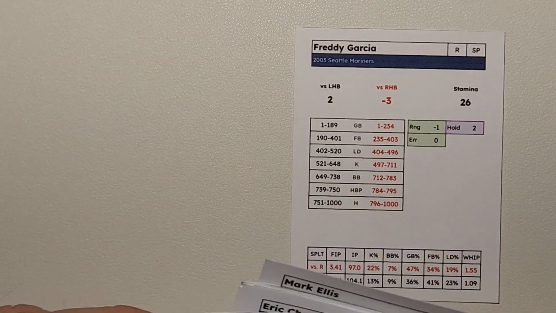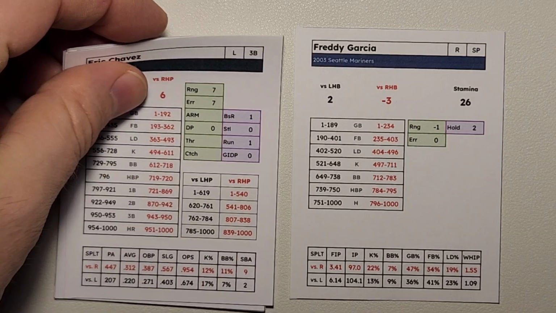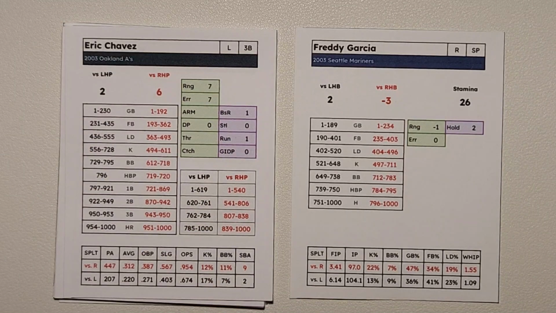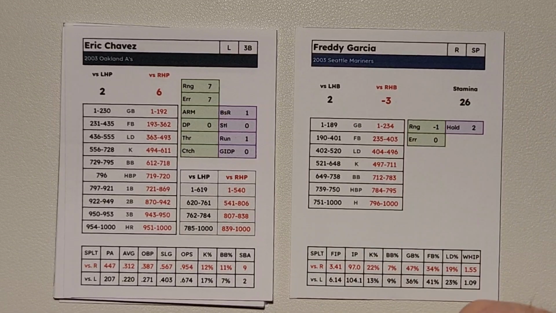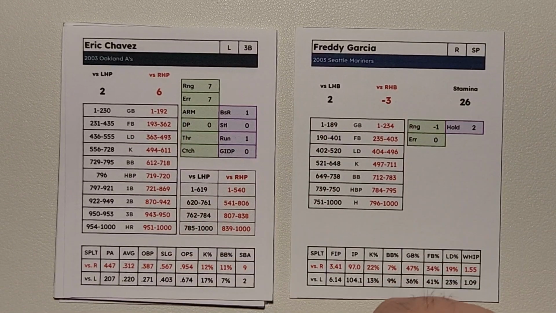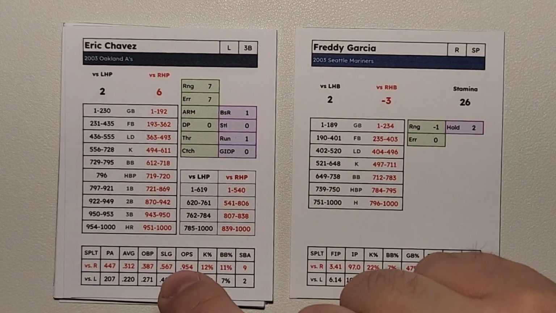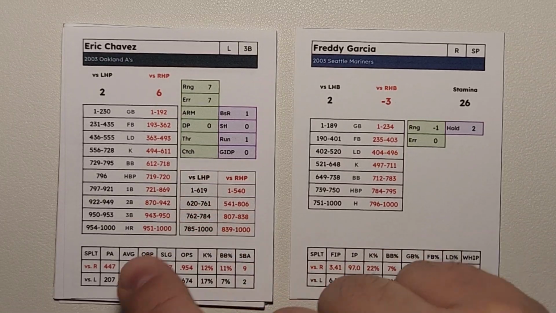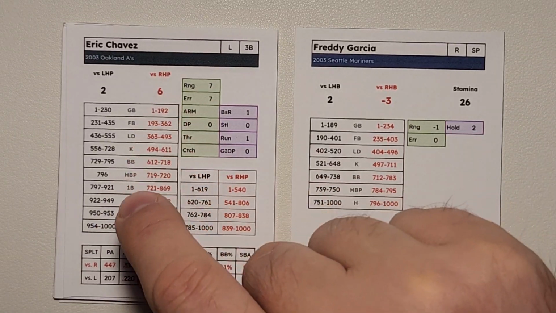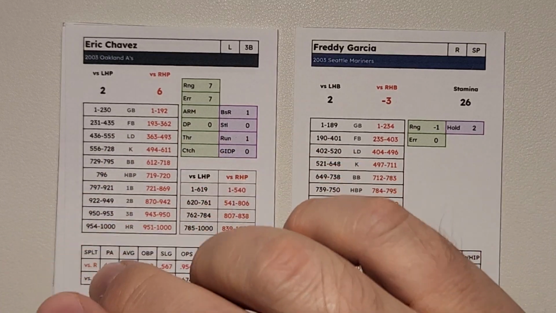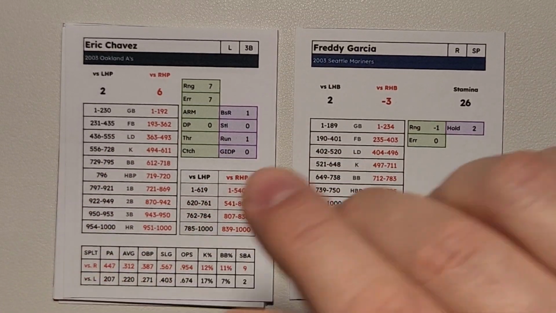Let's do one more. And you start to get the hang of this. I mean, it's just basic math, right? You start to look and you find out that you have a right-handed pitcher, so you're really just figuring this out against right or left-handers. So left-handed batter, he's going to be a +6, so Eric Chavez is as good as you can be against right-handed pitching.